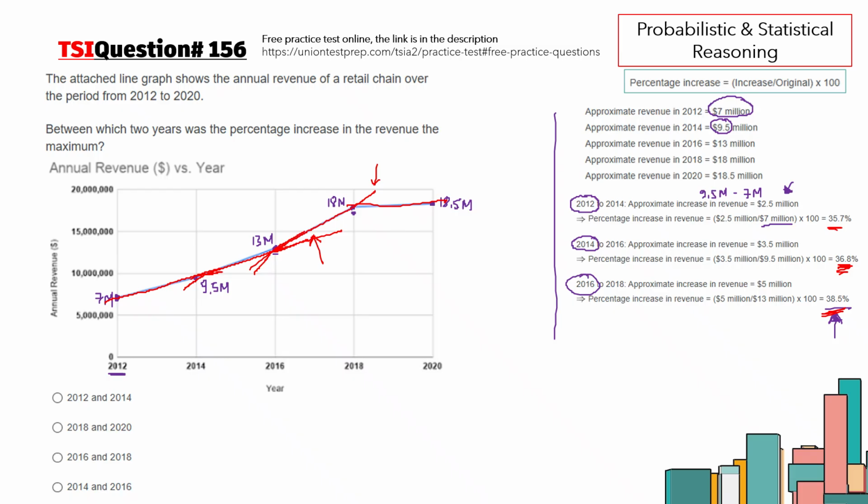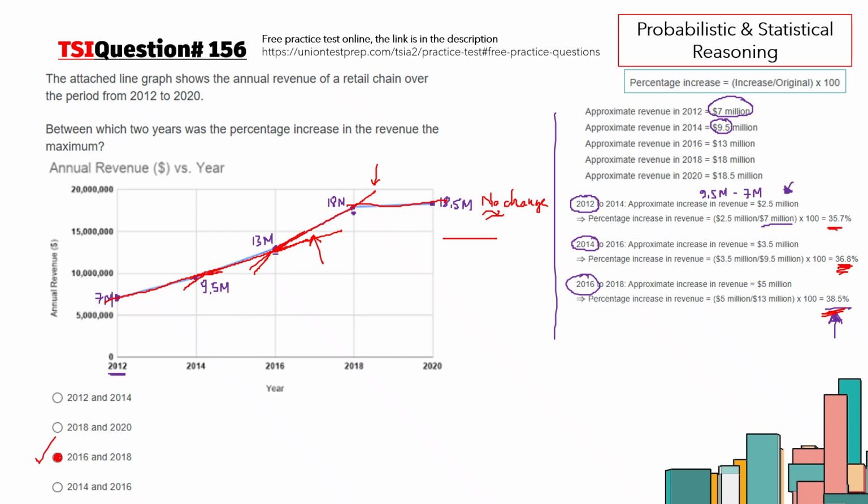And this one is horizontal, meaning almost no change. It doesn't earn much after 2018. So based on the steepness of the line representing the revenues from 2016 to 2018, we can choose it as the answer.